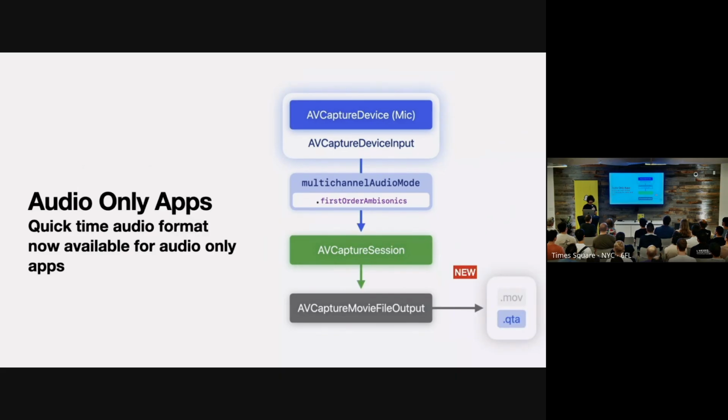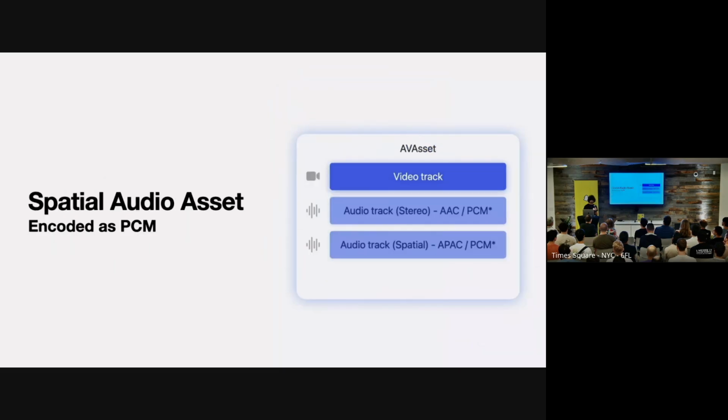And for audio-only apps, because this was typically something you did as part of video capture, you can record in the QuickTime audio format, which contains some richer metadata and encapsulates both the stereo and the spatial audio track.